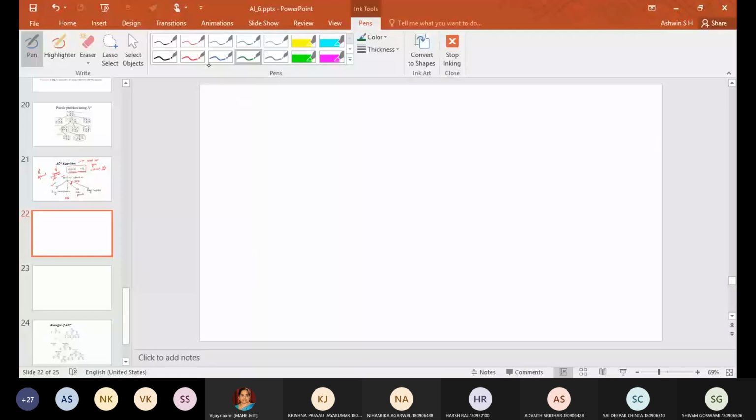So the question is, develop the solution tree using the AO star search algorithm. When you are asked to develop the solution tree, I'll explain, I'll just give a problem first.